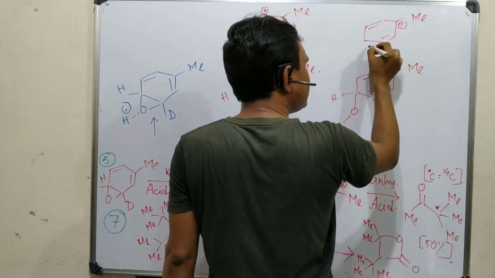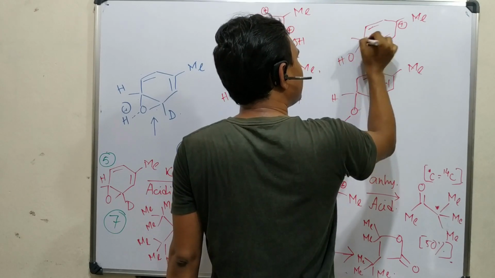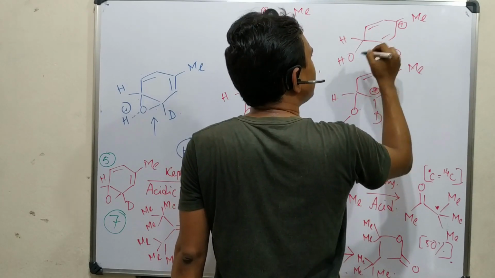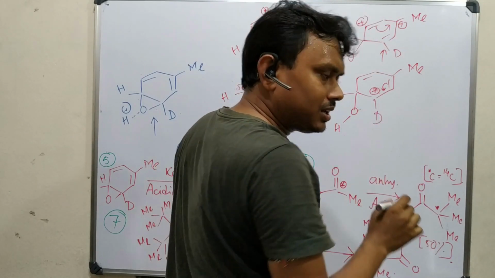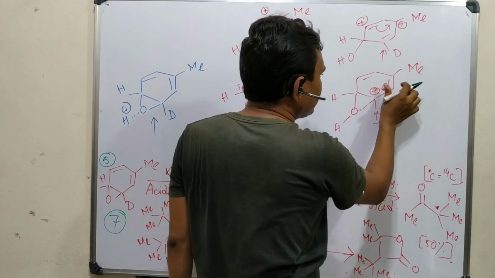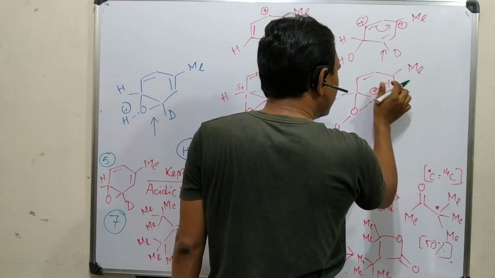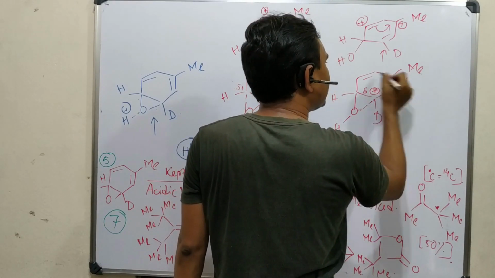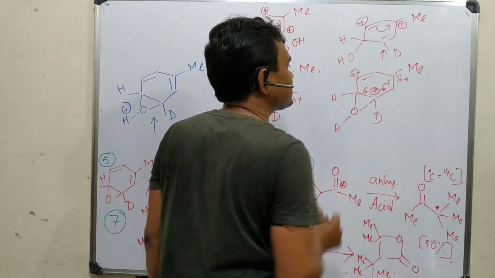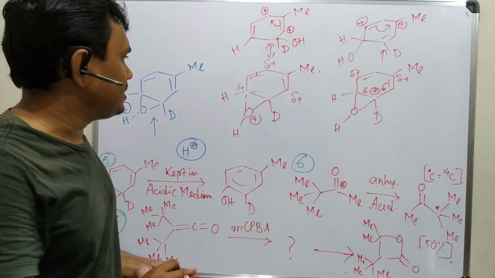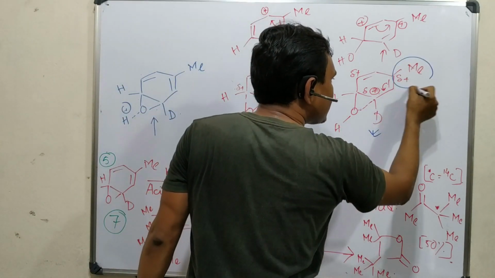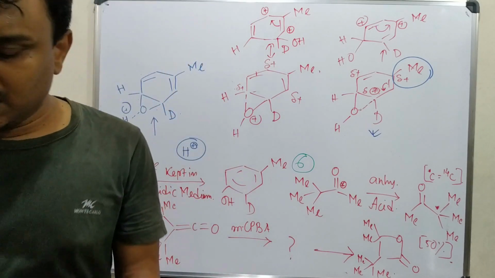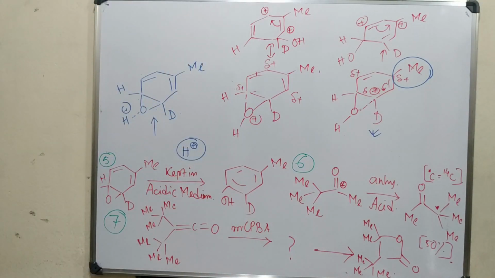Similarly, this is the H and this is the D. Similarly, if it goes, the positive charge will come here. What is the difference? You can see that for this side, the positive charge is coming on the carbon which is attached to methyl. That is the difference between the two.